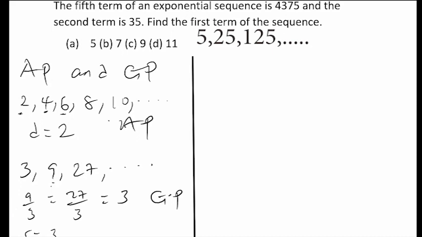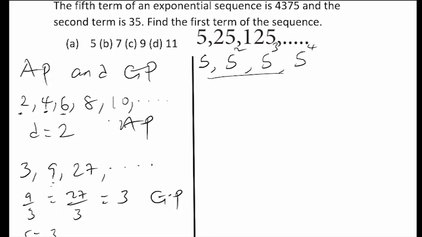We can express 25 as 5 squared, then 125 as 5 cubed. Obviously, the next term is going to be 5 raised to the power 4, which is 625. When you have something like this, this is called an exponential sequence.